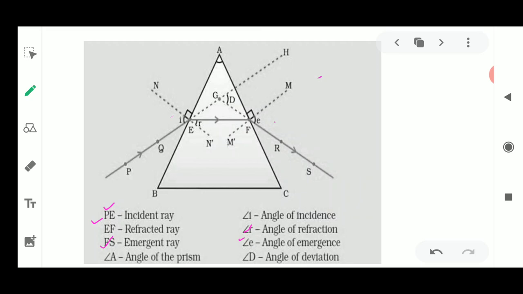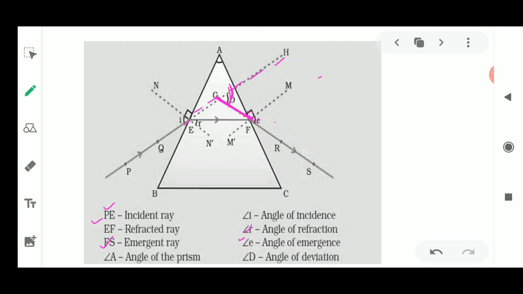Now next, you will construct a ray of light. If this glass prism was not present, the ray would have passed straight in this manner. So the ray passing straight is drawn as this dotted line. If you extend the emergent ray backward, it shows a certain part. The angle between this constructed line and the emergent ray is known as the angle of deviation.